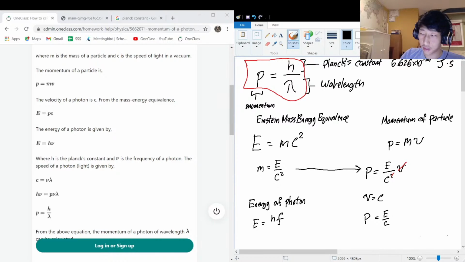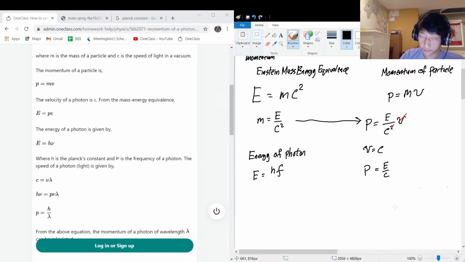Okay, so we can sub out hf for the E in here. So p equals hf over c.